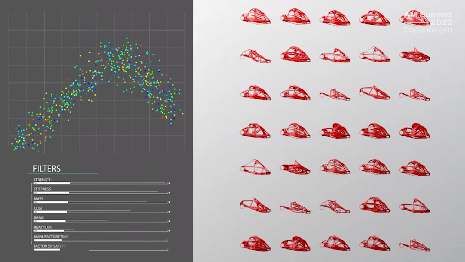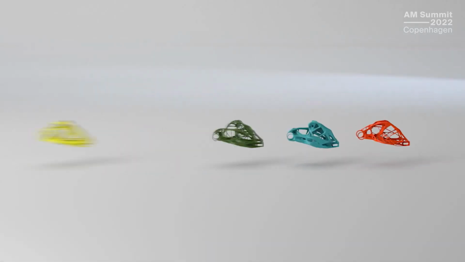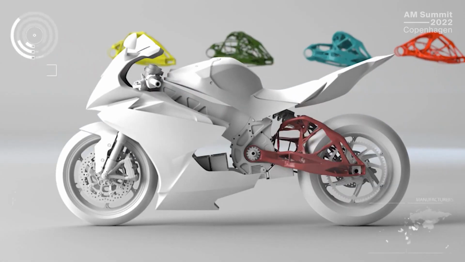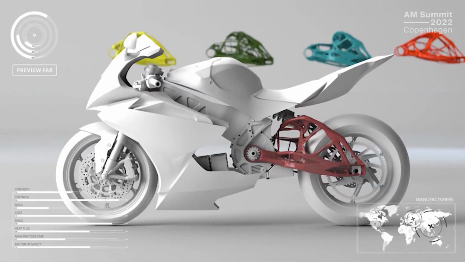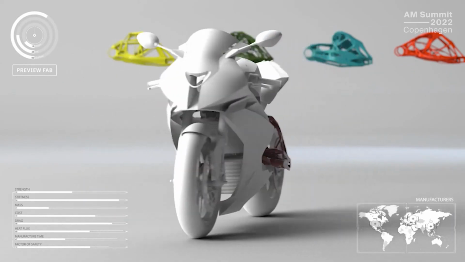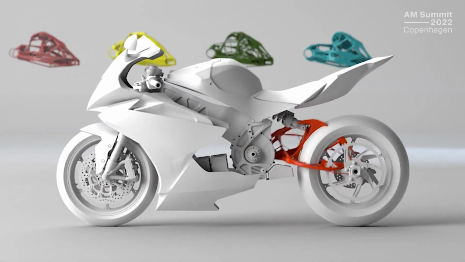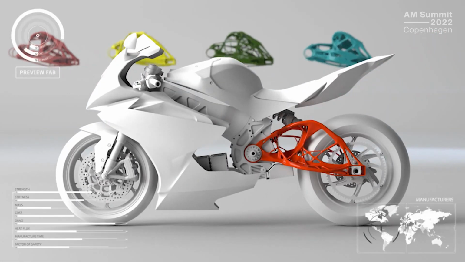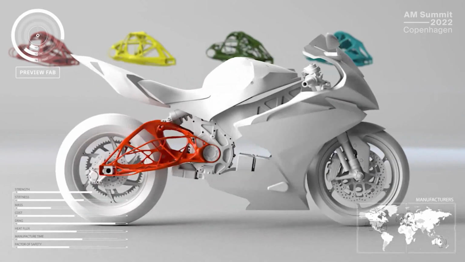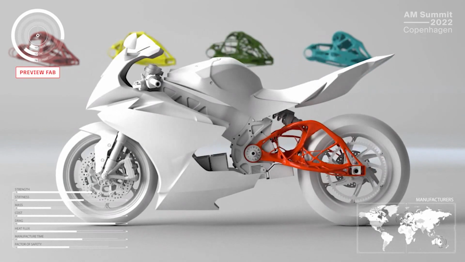But then when you drag the different filters, you can zoom in to just a few, and then it's again a job of the designer to test it out, to figure out which of these different examples that are all going to work is the one we're going to go for, either because of aesthetics or because it's easy to produce and so on, and thereby ending up with the final part. And this is actually in production from this company that is producing these motorcycles.